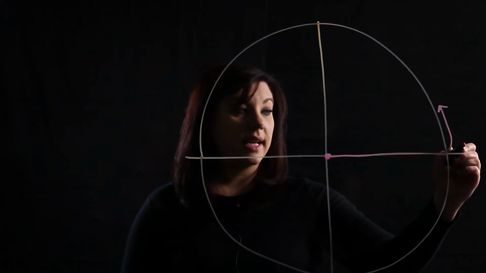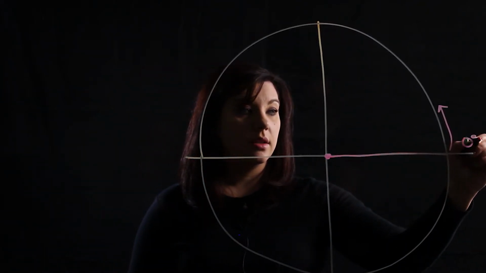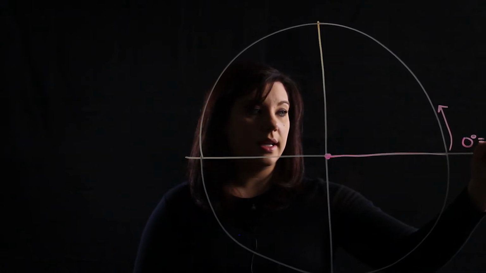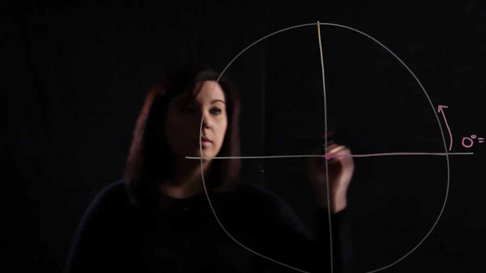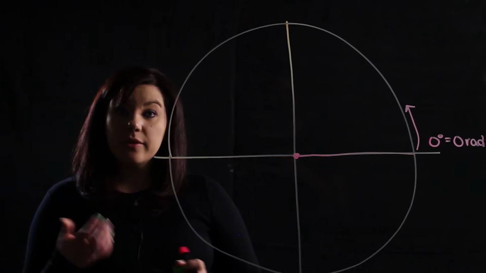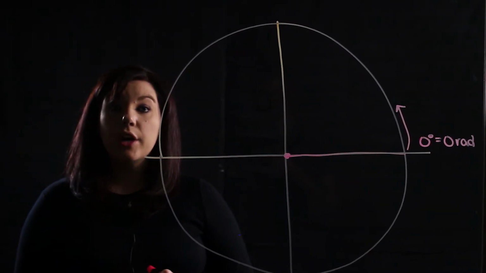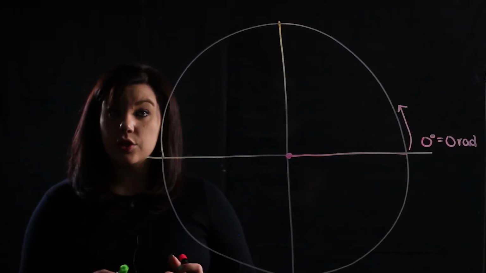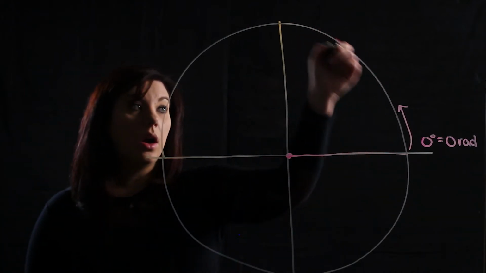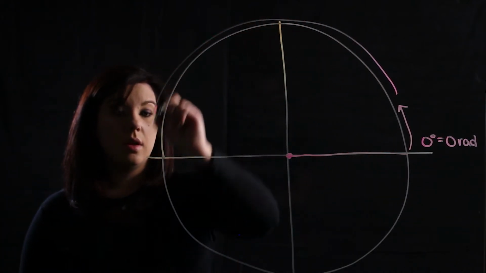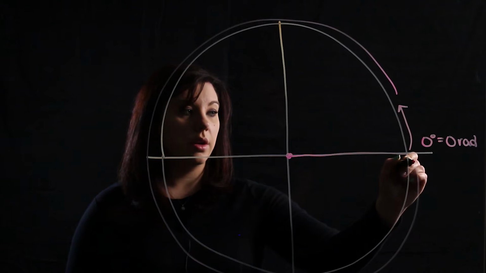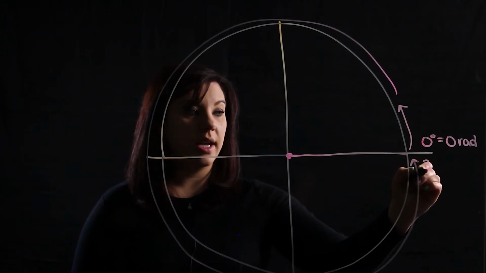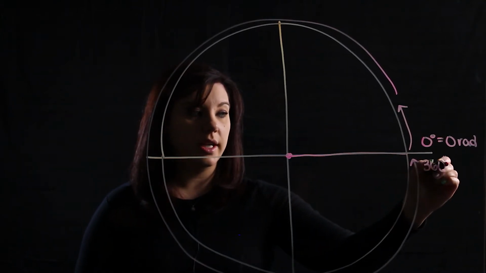So the positive x-axis here will be 0 degrees, which is also 0 radians. Remember from our study of geometry that there are 360 degrees in a circle. So if we went all the way around our unit circle, we'd get back here at 360 degrees.